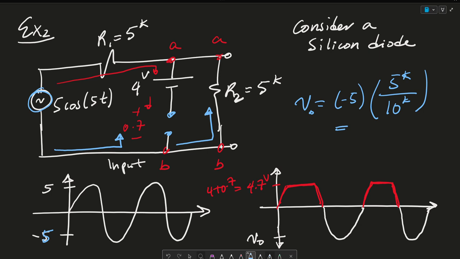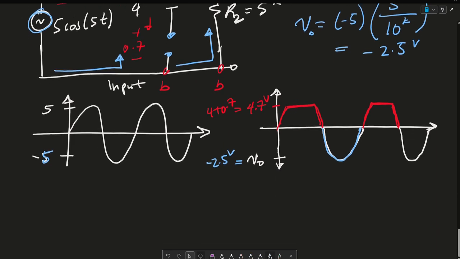So then this becomes minus 2.5 volts. So my VO here is minus 2.5 volts. So again, this shrinks down between -2.5 and 4.7 volts.